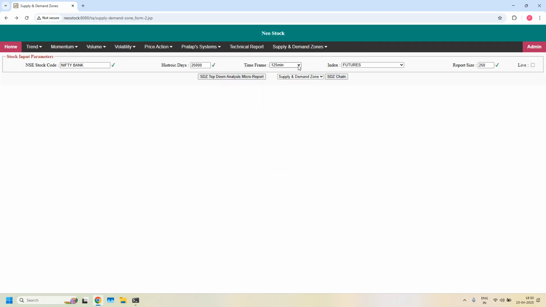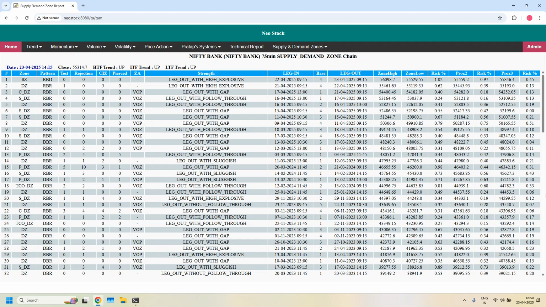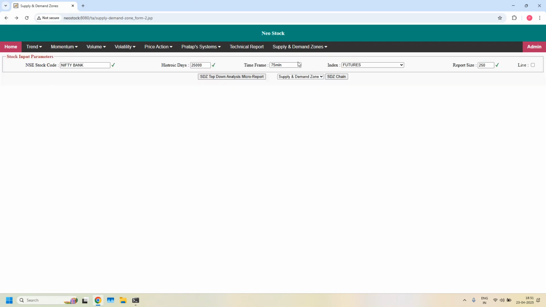Next, generating 75 minutes supply demand zone chain for Bank Nifty. Okay, next, generating 25 minutes supply demand zone chain for Bank Nifty.